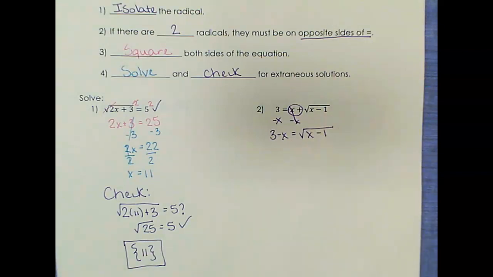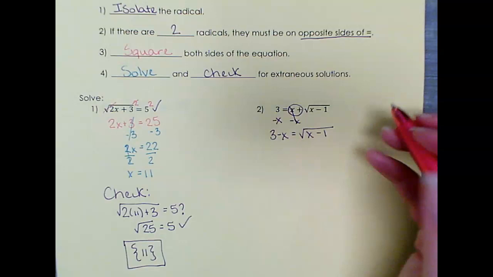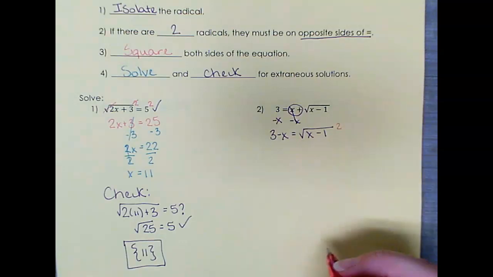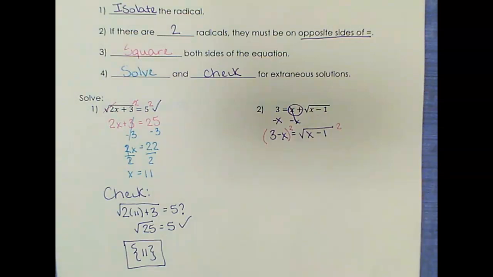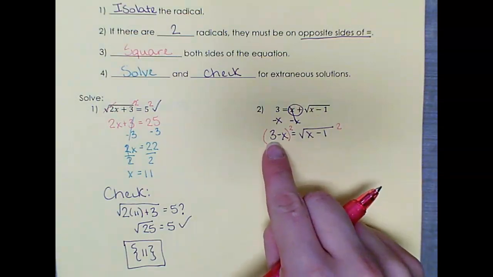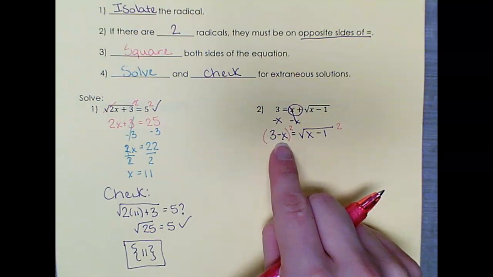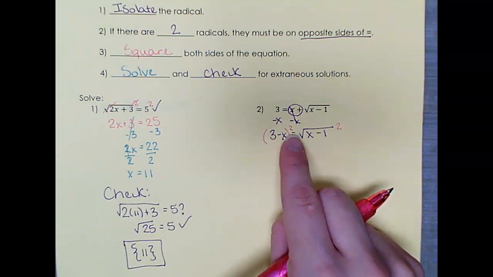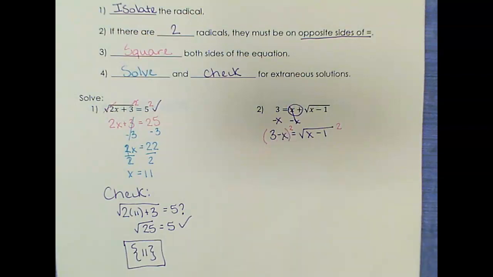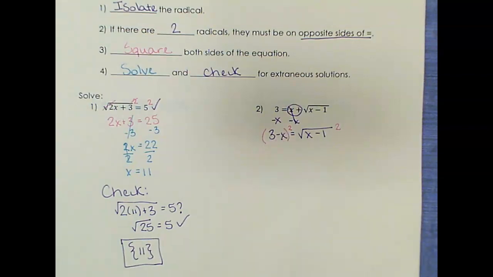Now, I want to unsquare root this side by squaring. And the left side, the whole left side, I also need to square. So this comes up whenever you have a left side, or a right side, an unsquare rooted side that has multiple terms, you need to square the whole thing. So it's going to end up being FOIL on the left side.